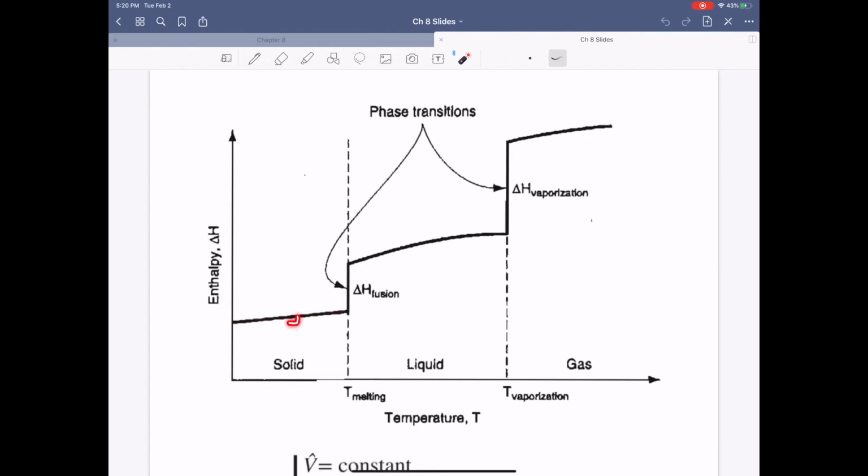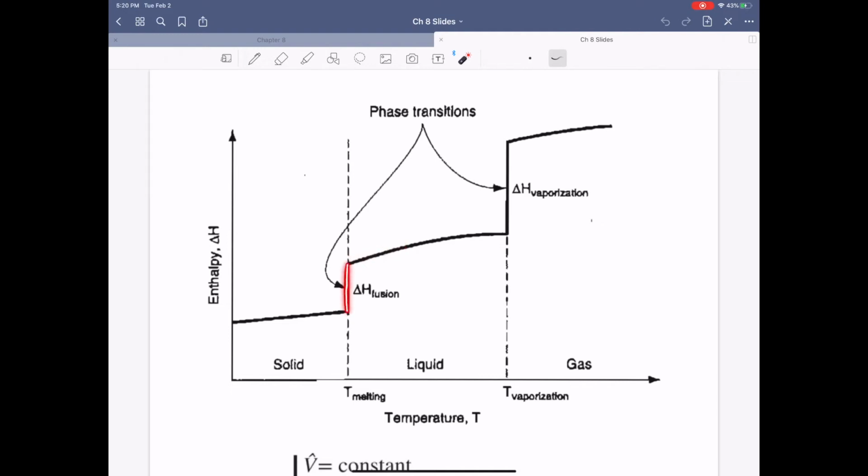So the heat capacity would be the slope here. Okay? But when we get to a specific temperature, we see that the enthalpy of the system jumps. There's a step change here, right? It's not a smooth function anymore, but we just see a sudden jump in the enthalpy. And then our enthalpy continues at a new higher value.